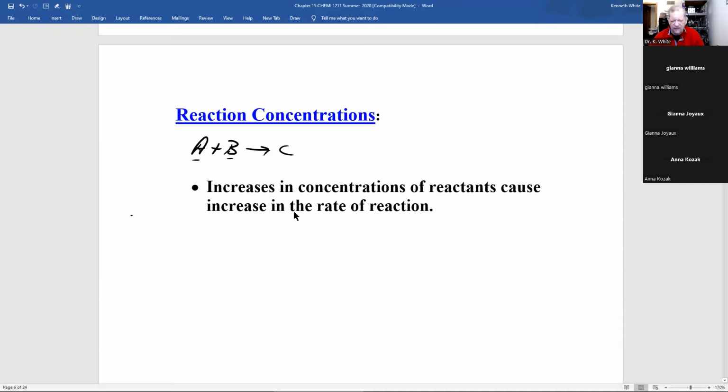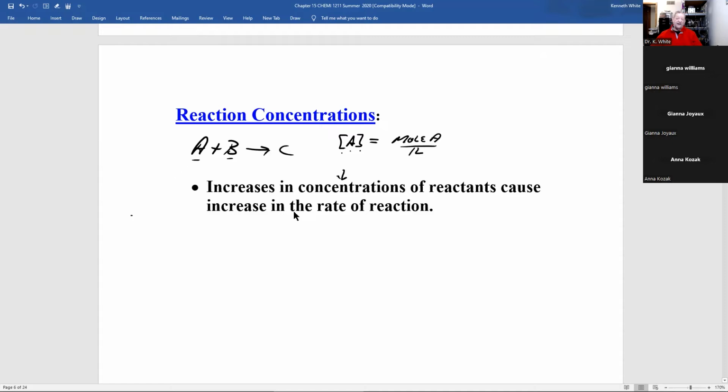Now, something I'll talk about later: how do we show concentrations in a reaction? Like this. When you have a bracket, the formula, and a close bracket, that means moles of A per 1 liter of solution, the concentration.